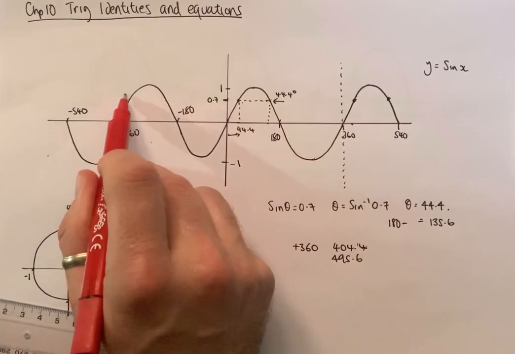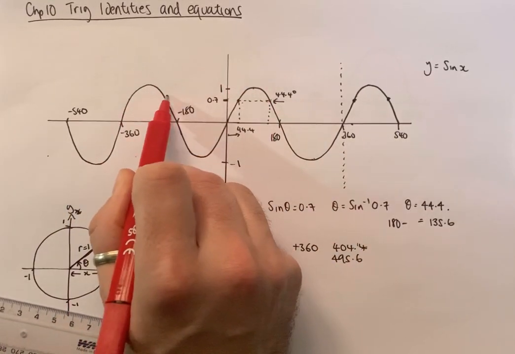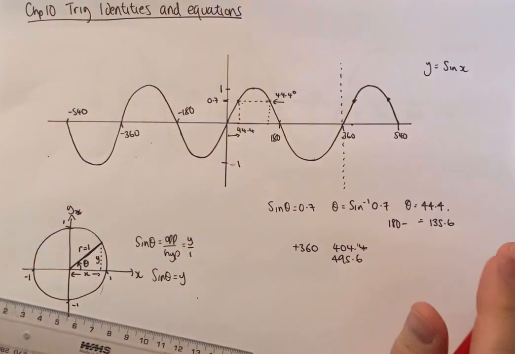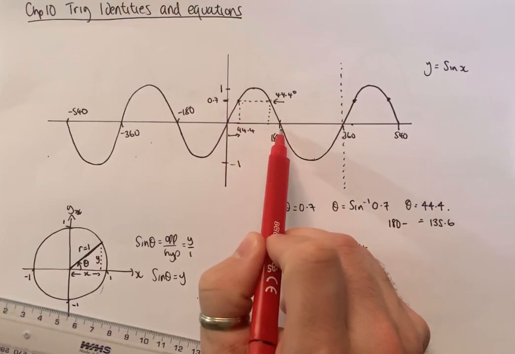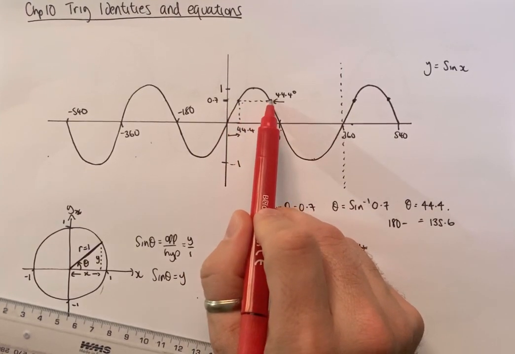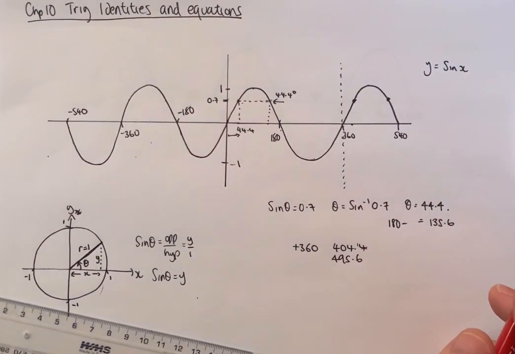Same here, if you wanted these two angles, you just take away 360 to get this one, take away 360 to get this one. So the process for a sine graph is to use your calculator to work out the acute angle, take away from 180 to work out the obtuse angle, and then add and subtract multiples of 360 to work out all other angles.